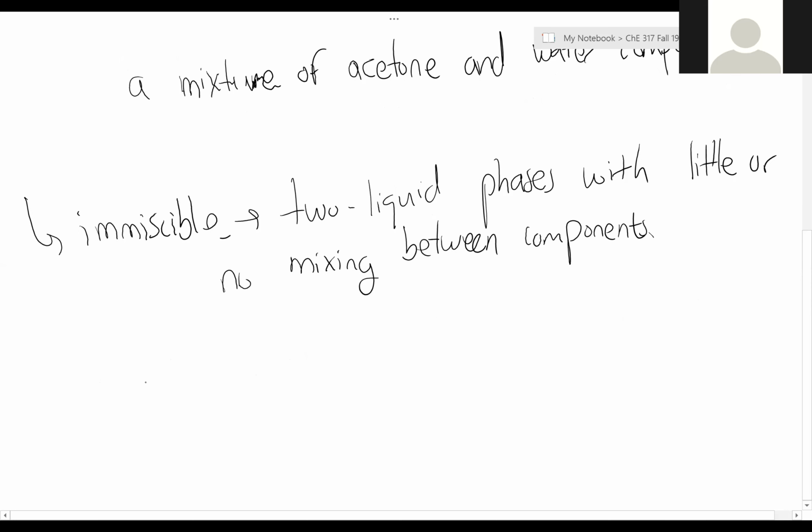The easiest image of that is oil and water. The oil rests on top of the water if we're looking at vegetable oil. And there's not going to be a whole lot of water dissolved in the oil or oil dissolved in the water.